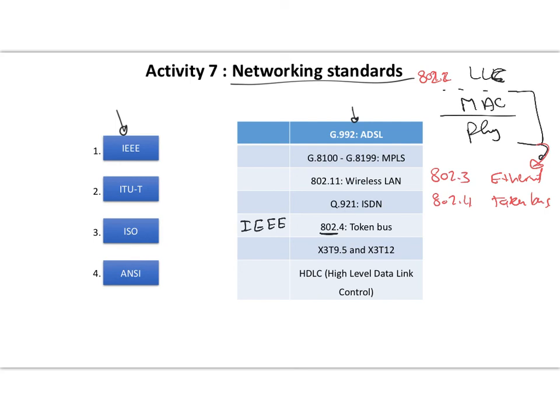We'll talk about this also in the next chapter, but it's enough to know that this is actually not used anymore. It's obsolete. Nobody uses the token bus standards anymore. It has been deprecated and is obsolete from the networks nowadays.